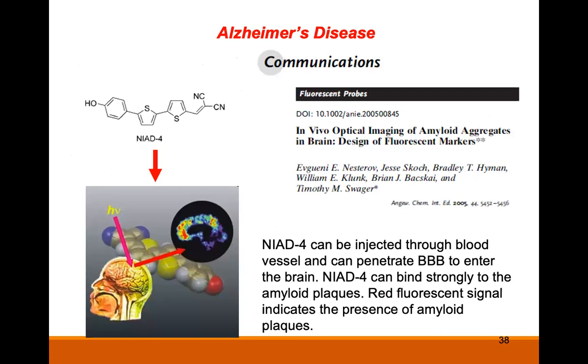So this is an example. The compound, I don't know how to pronounce it, is NIAD4. It can be injected through blood vessels and can penetrate the blood-brain barrier to enter the brain. And this new compound can bind strongly to the amyloid plaques in the brain.